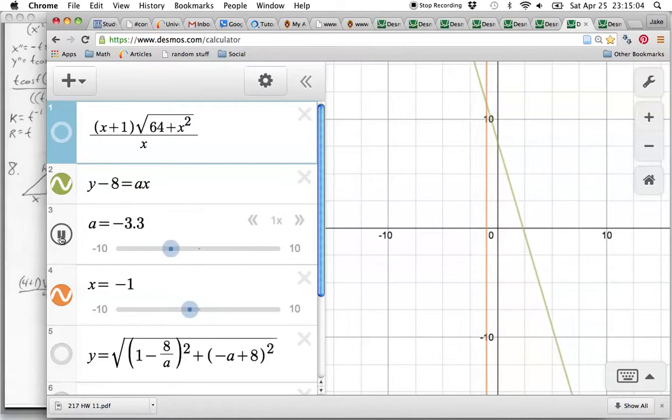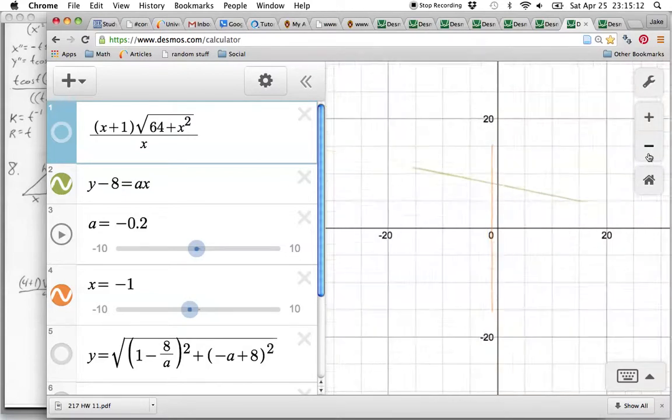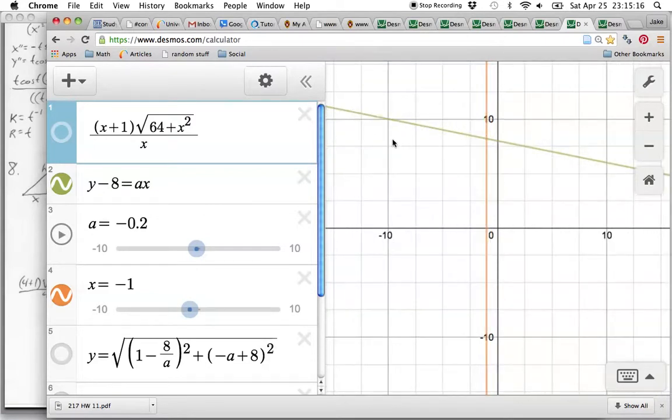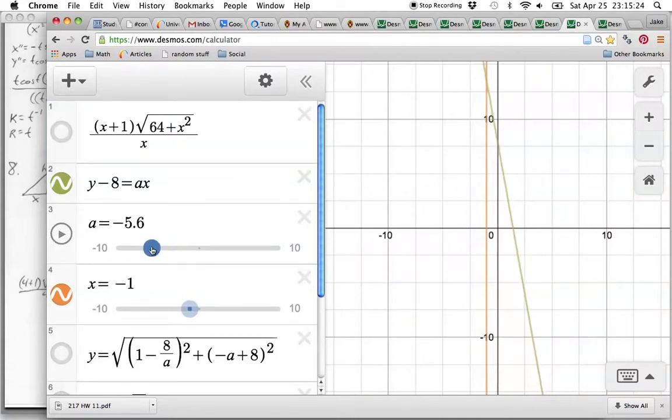So as I move through this, you can see it always touches 8 foot. This ladder, to go all the way to touch here, has to be really long, obviously. But we can see that there's going to be some point along here. They're getting longer, getting shorter.